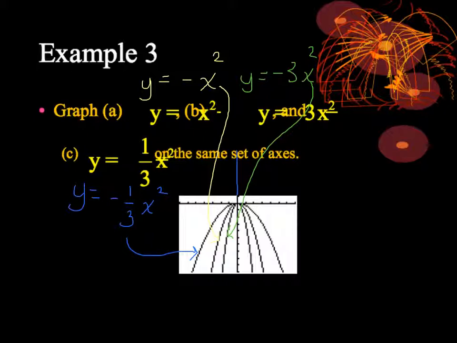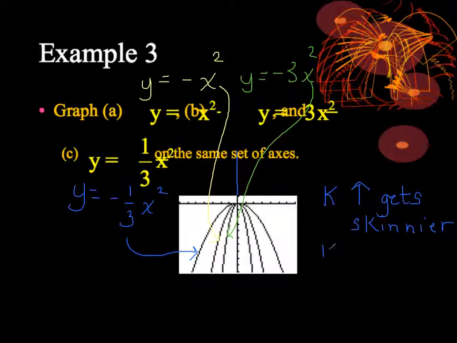And what I'm hoping you notice is that as k gets bigger, so I'll just say it gets bigger with an up arrow, the parabola gets skinnier. Which seems sort of opposite of what should happen.